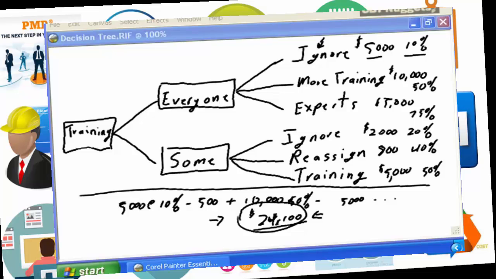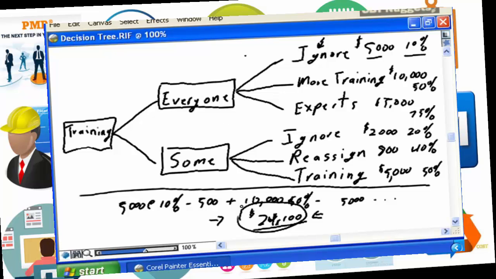This value that you're seeing as a result of the decision tree analysis, $24,100, you may quickly realize is higher than any one single action associated with remediating our inadequate training. Why is that? That's simply taking the realization that even though we bring in more training, or even though we decide to bring in the experts at $10,000 or $15,000 respectively, that in and of itself may not be our solution as well, that we may need to take other actions.